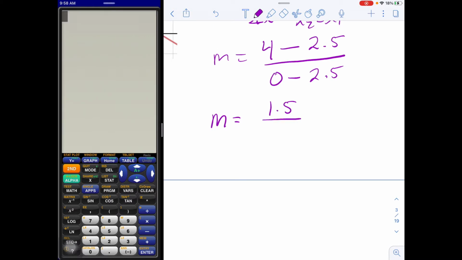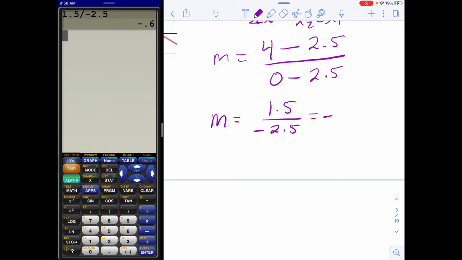And then we're going to do 0 minus 2.5. And that's going to give us negative 2.5. And remember, the signs are really important. Okay, and let's see what that turns into. So 1.5 dividing negative 2.5 gives us negative 0.6.